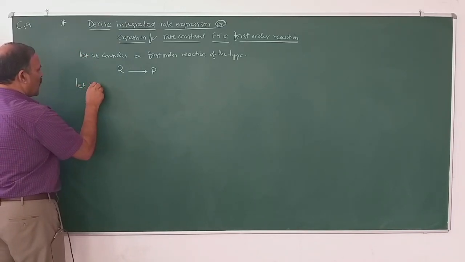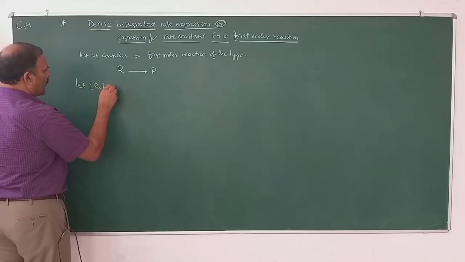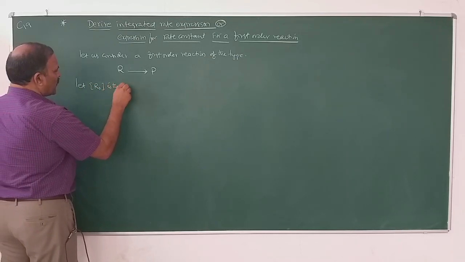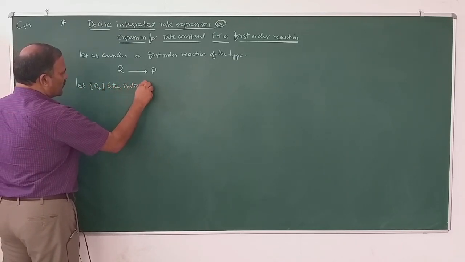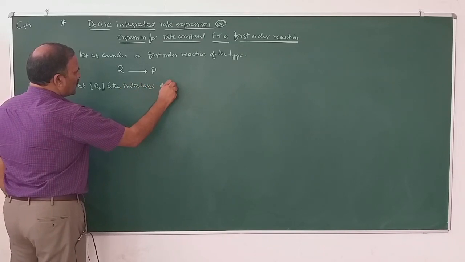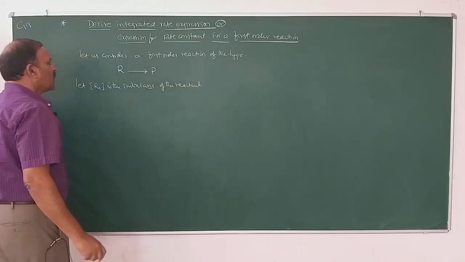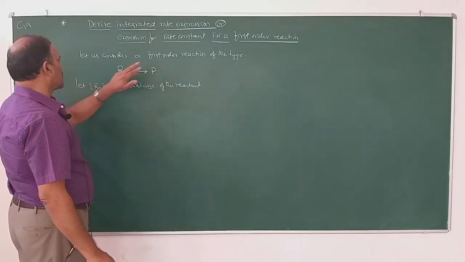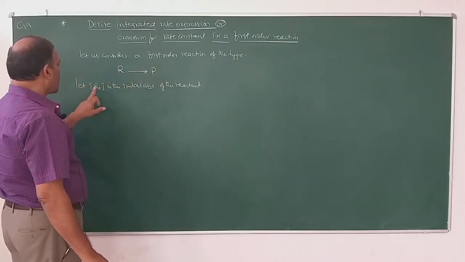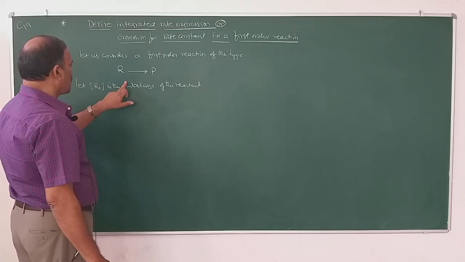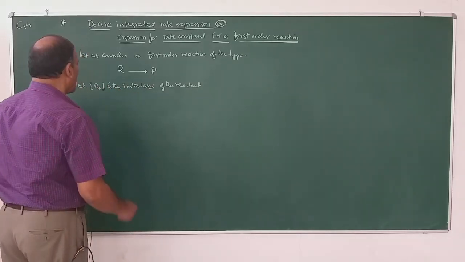Let [R]0 in square bracket be the initial concentration of the reactant. Initial concentration means, to begin with, what is the concentration of the reactant? It is [R]0.